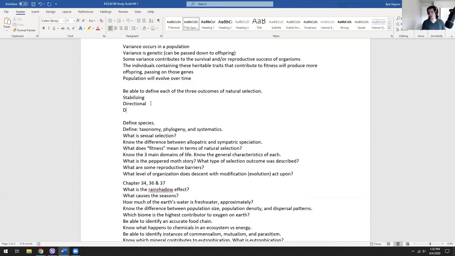Oh, they both start with a D. Disruptive. So stabilizing is where the medium phenotype prevails. Directional is where you go from one extreme to another. And then disruptive is where both extremes prevail.